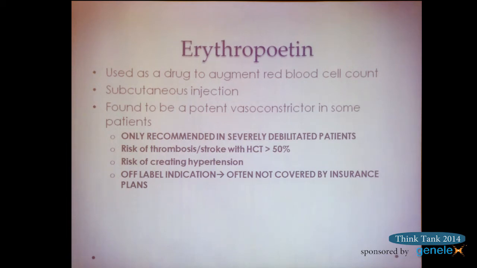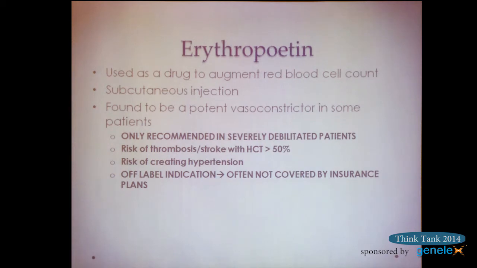Again, it's a subcutaneously injected drug, and it has been found, incidentally, to be a potent vasoconstrictor in some patients, because of some associated hypertension that they found in chronic renal disease where they were treating the patient's anemia, and they acutely became more hypertensive, unrelated to their renal problems. We really only recommend this in severely debilitated patients because it is off-label and not covered by insurance plans. It's really an act of desperation.